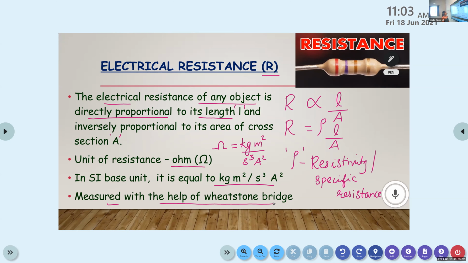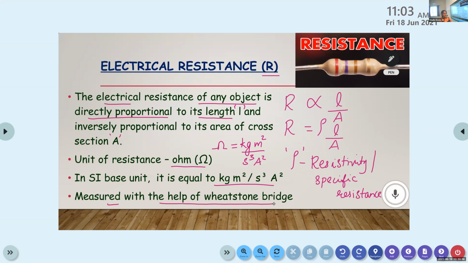Electrical resistance of any object is directly proportional to its length and inversely proportional to its area of cross section A. So R is proportional to L by A, then R equals rho L by A, and this rho is resistivity or specific resistance. The unit of resistance is ohm. In SI base units, it is equal to kilogram meter square by Siemens cube into ampere square. It is measured with the help of Wheatstone bridge.